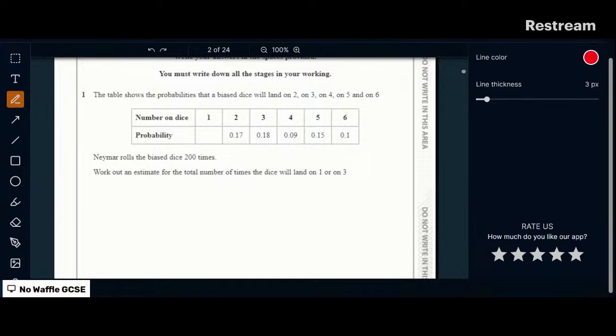As we said, the probabilities must sum to 1, so we can figure out what the probability of getting 1 is. It's just going to be 1 subtract the sum of all of the others, and that's an easy calculator job.